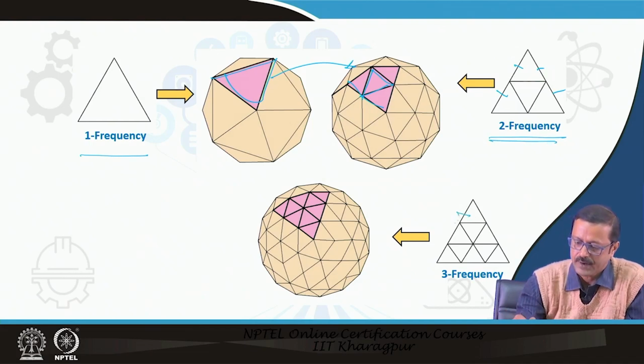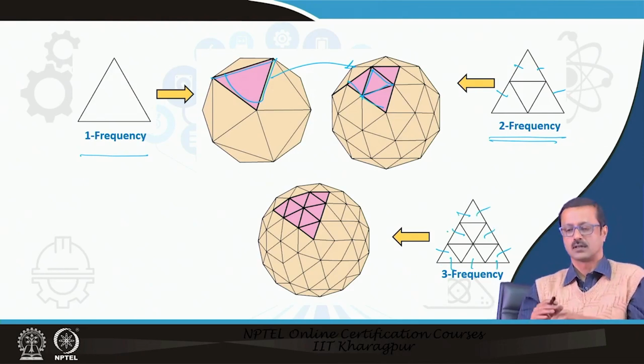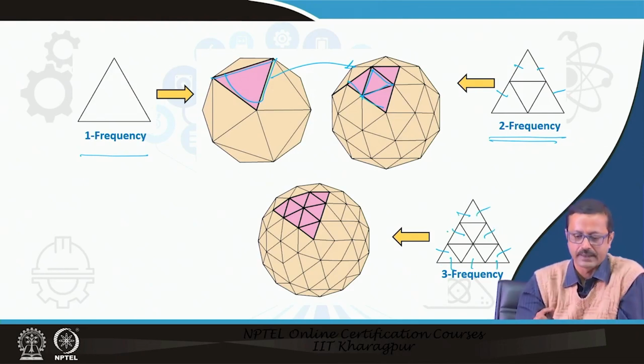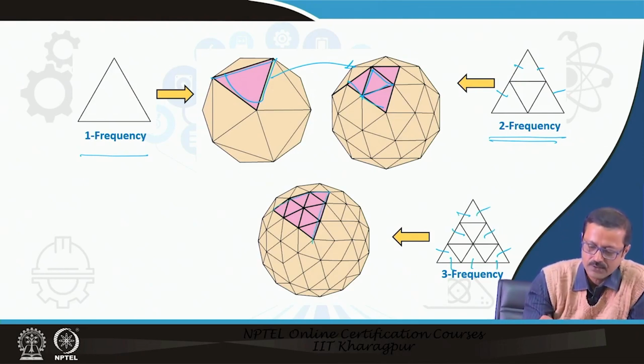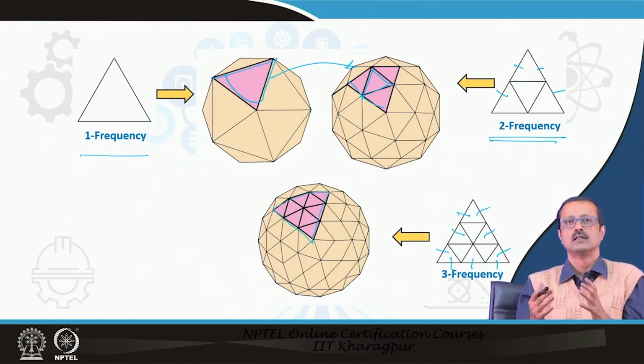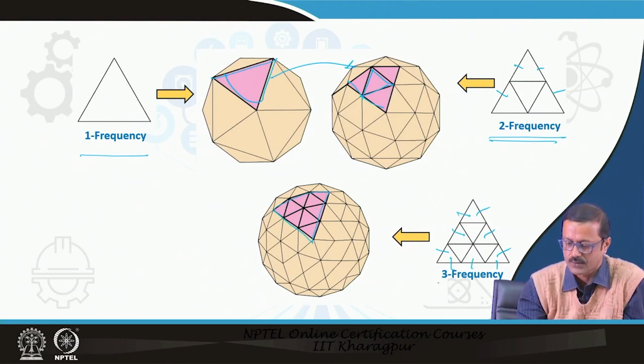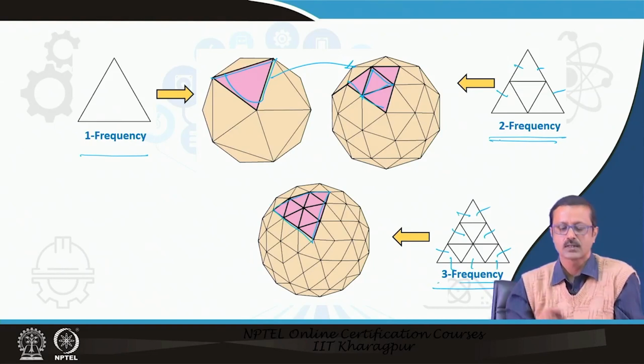Now if you divide that same triangle by 3 equal parts, and you create that surface even smoother, then it is your 3 frequency. So that is the frequency.